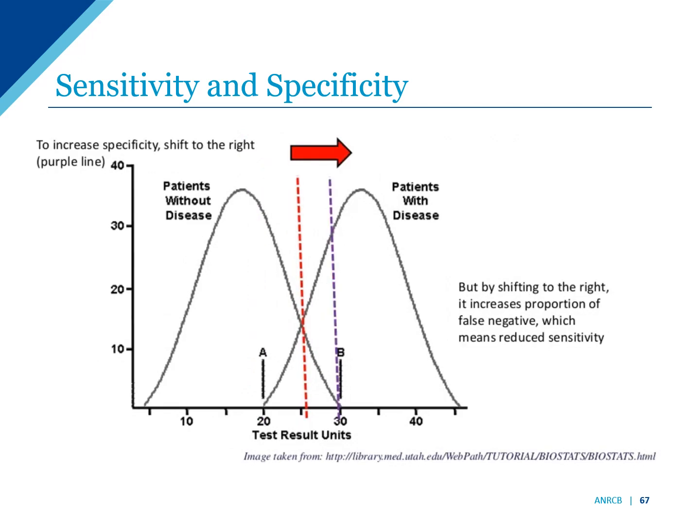Likewise, if you want to increase your specificity and you shift to the right, you're going to capture more patients without the disease. But by shifting to the right, you're going to increase your proportion of false negatives, which means reduced sensitivity.